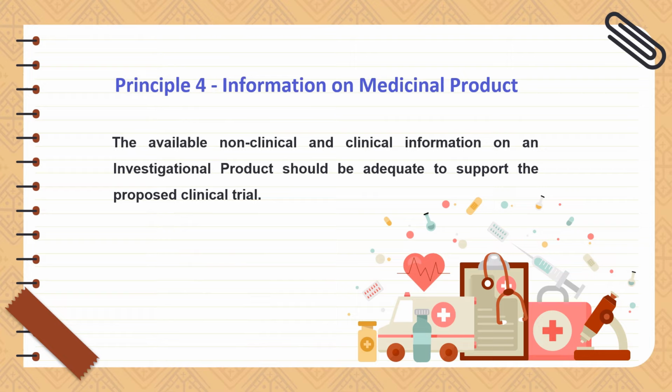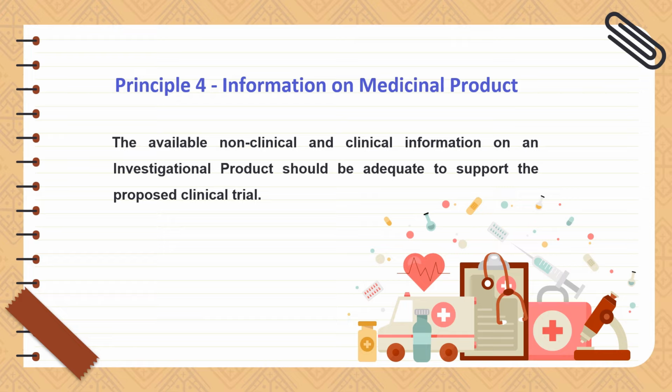Coming to principle 4, it talks about the information of the medicinal product or the experimental medication. The available clinical and non clinical information on the investigational product should be adequate to support the proposed clinical trial. So, whenever a pharmaceutical company wants to conduct a clinical trial, they have to provide all the clinical and non clinical data.